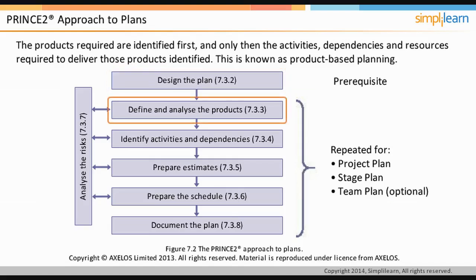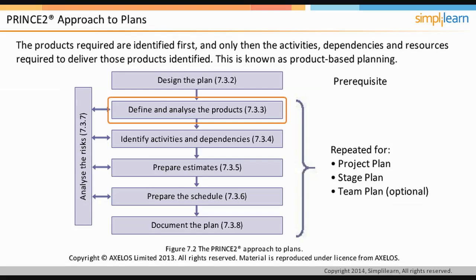The next step is to define and analyze the various products that are required to be built as part of the project. When the products are identified, both the specialist as well as management products of the project will have to be identified. Specialist products are the products whose development is the subject of the plan, and management products are the products required as part of managing the project and establishing and maintaining quality.